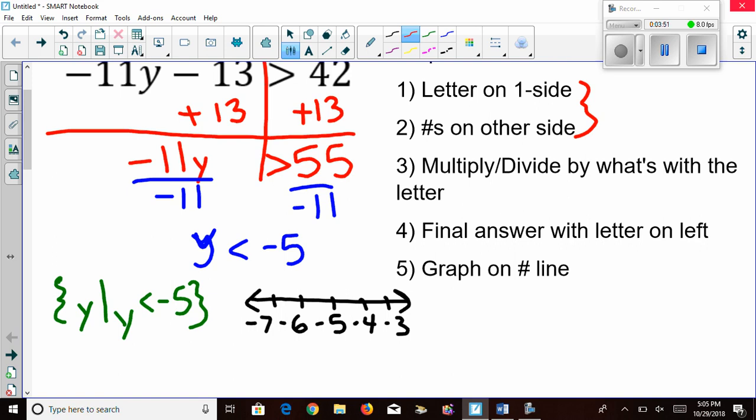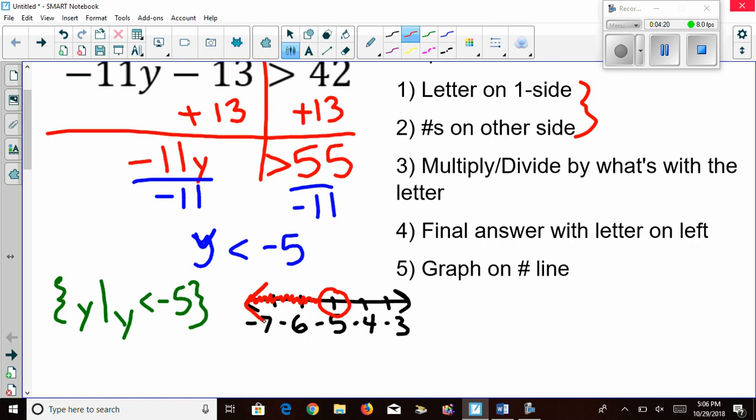Since we don't have the or equal to option, I'm going to put an open circle because negative 5 is not actually part of my answer. It's just a boundary to start from. And in order to get all the numbers less than always means to go to the left, because on a number line, as we move to the left, our numbers get smaller.